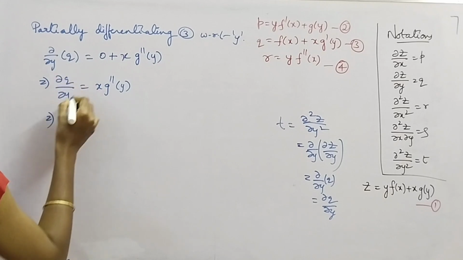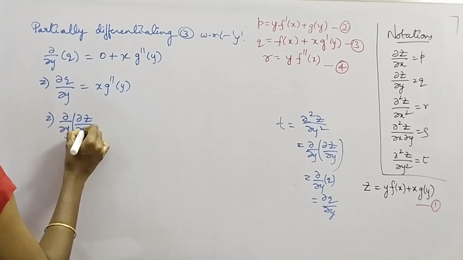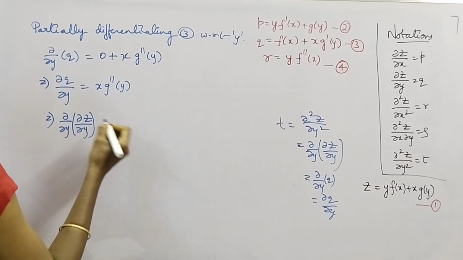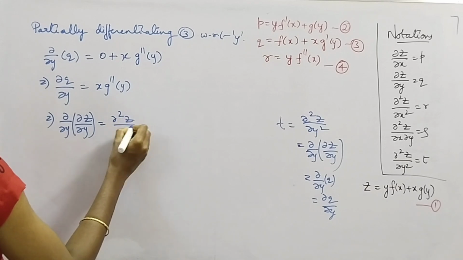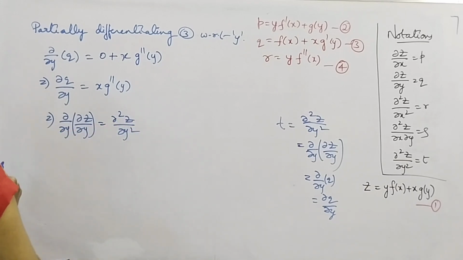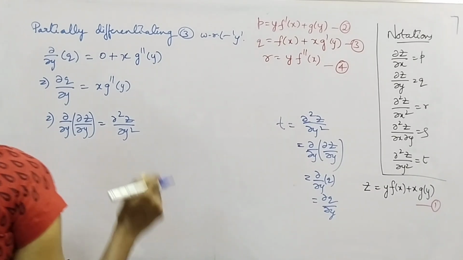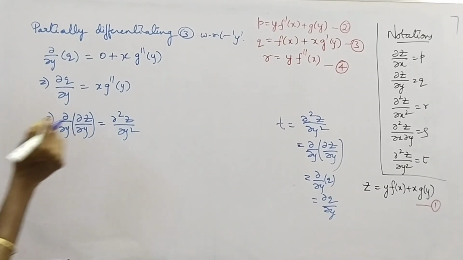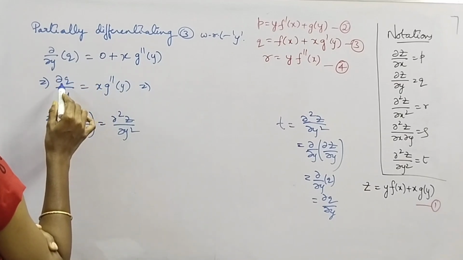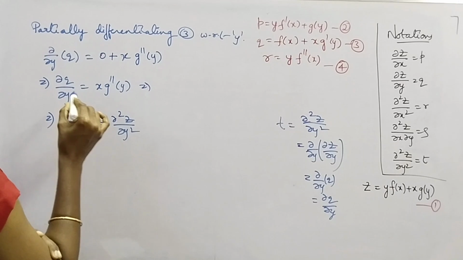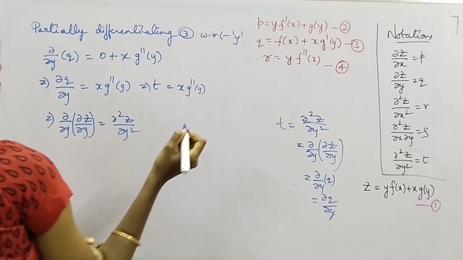We also know that this is nothing but ∂/∂y of ∂z/∂y, which is nothing but ∂²z/∂y². You can just directly write this as ∂q/∂y, that is the partial derivative of q with respect to y, which is t, equal to x into g'' of y.